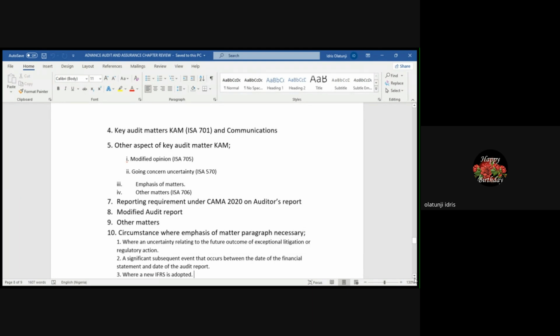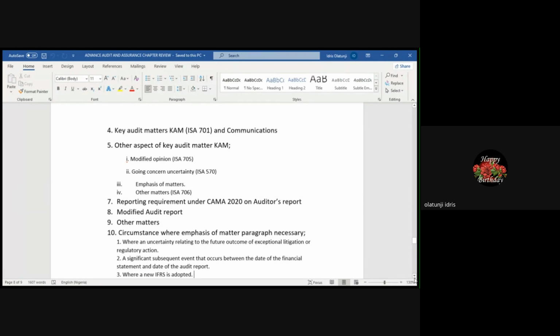That is, they did not relate to the figures. That's what we mean by financial information. They did not relate to the figures in the financial statement, but however, they have significant effect on the financial statement of that particular organization.